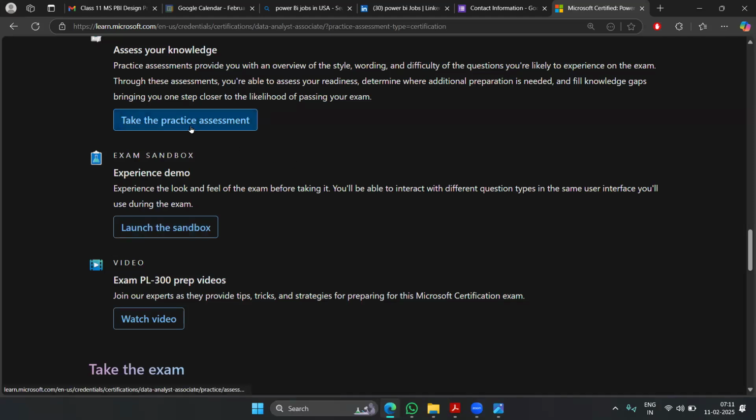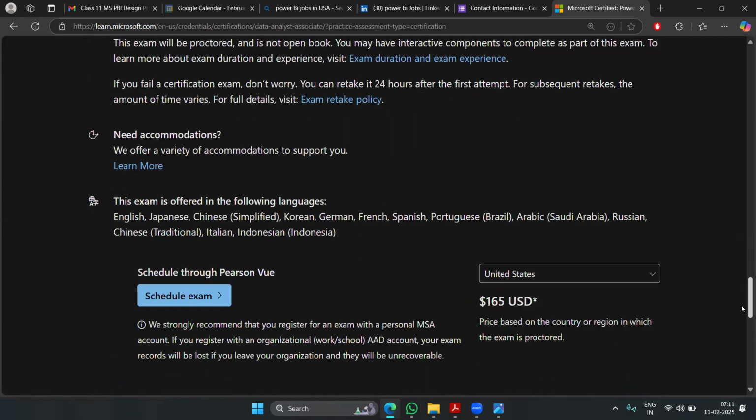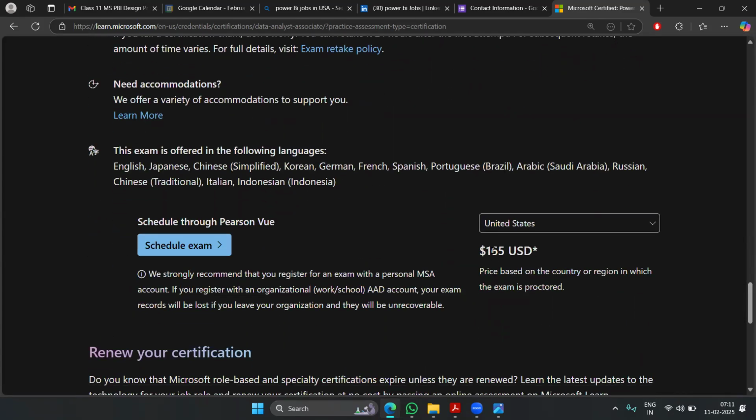Once we are consistently scoring above 80% in the practice papers, we can go for the main exam. This certification costs around $165. You can check the cost in your local currency also, and it is paid directly to Microsoft.